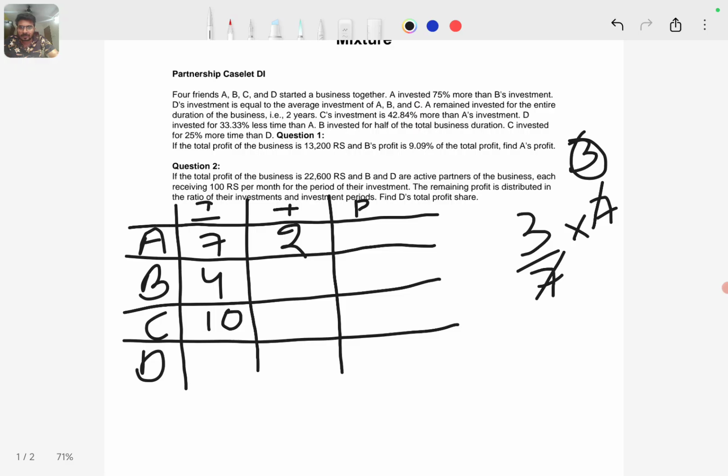D invested for 33.33% less than A's time. So I will just take here months.